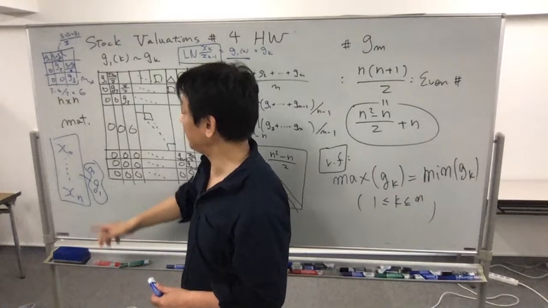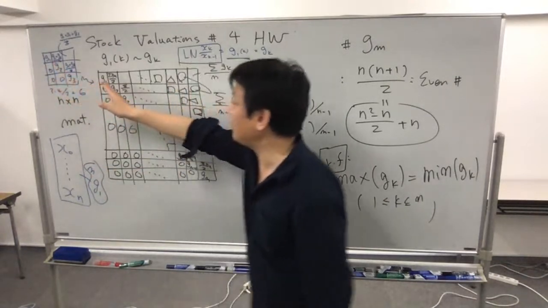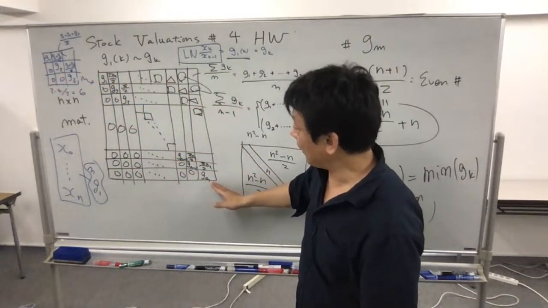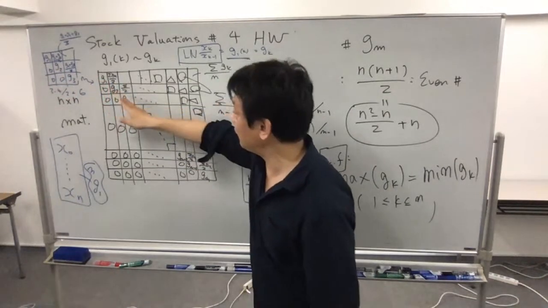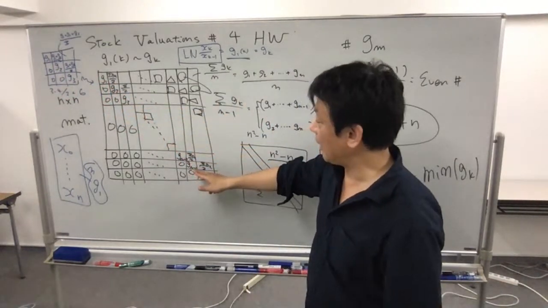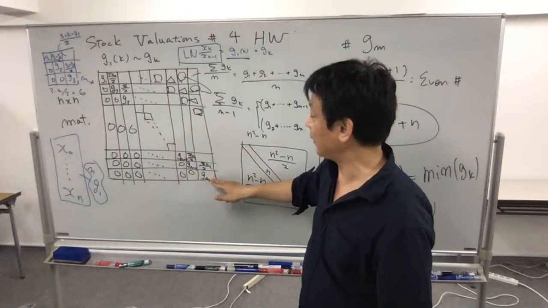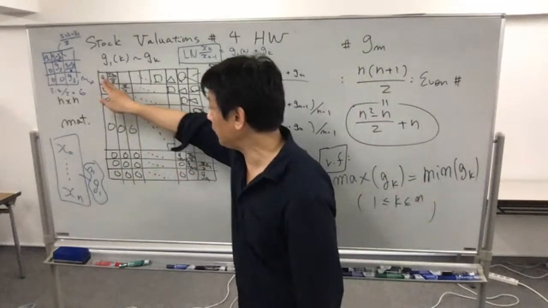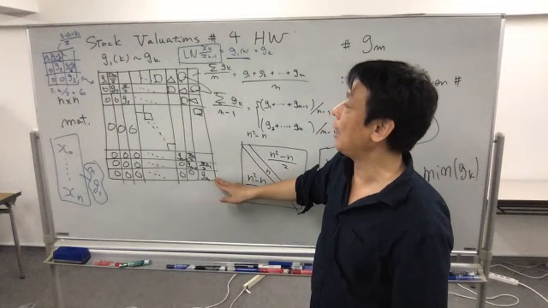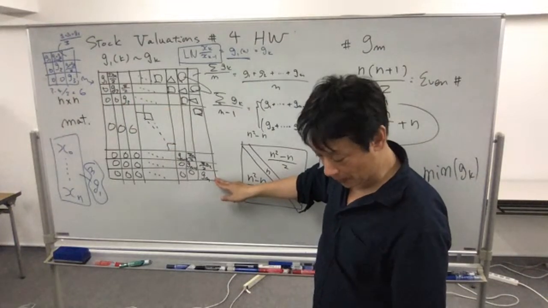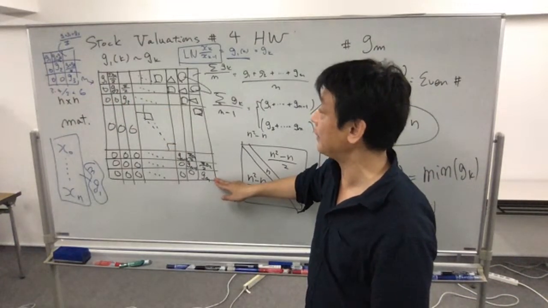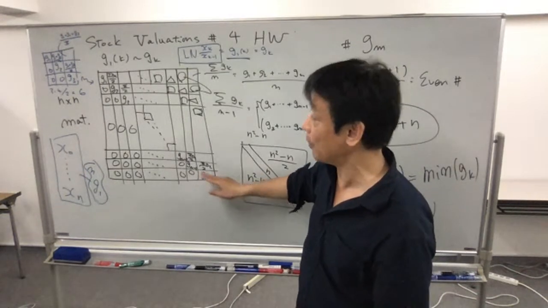So the problem is, if we have n G1s, from G1, G2, G3 up to Gn minus 1, and finally Gn, how many kinds of average growth rate do we have? That's the homework.